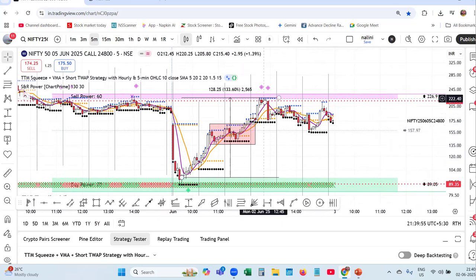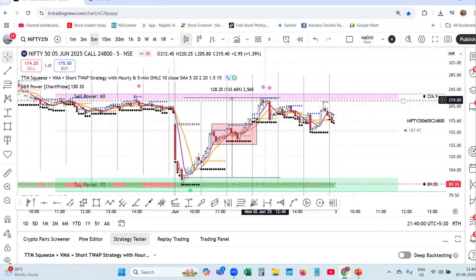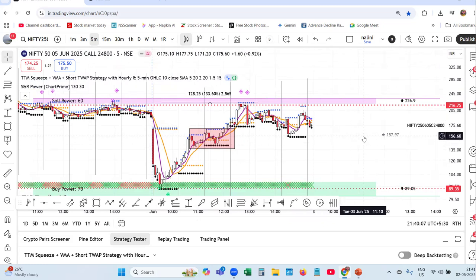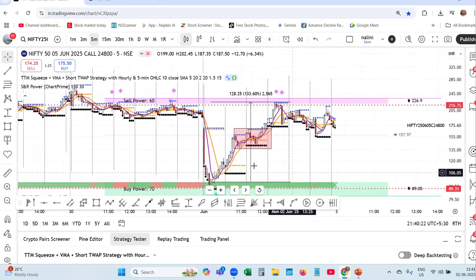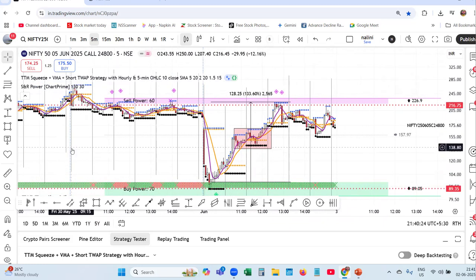This dynamic support and resistance channel will caution you that selling pressure is building up over here with the price label. It is also plotting the midpoint level, 157. There is no congestion here except one congestion box it has plotted, which is negligible. So this is how it works with the combination of the TTM squeeze. I don't know how to give you this script code.